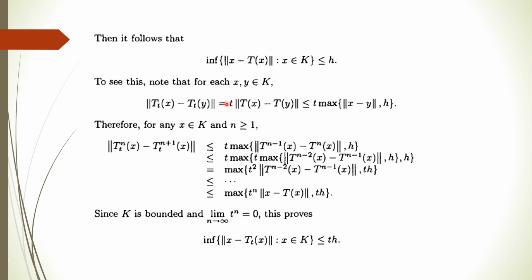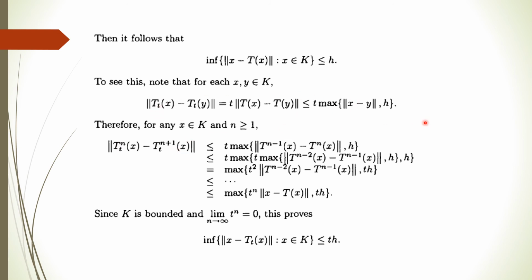So further, since mapping T is h non-expansive, it should be less than or equal to t times the max of norm of x minus y comma h. Now we consider a sequence of these T_t^n x. So we take the difference of the norm of two consecutive ones for n greater than or equal to 1 and for x belonging to K. We have this norm.